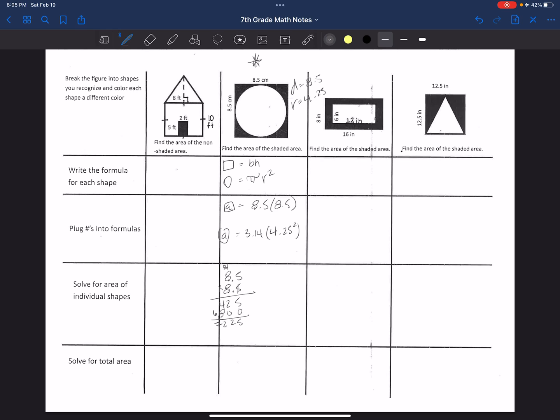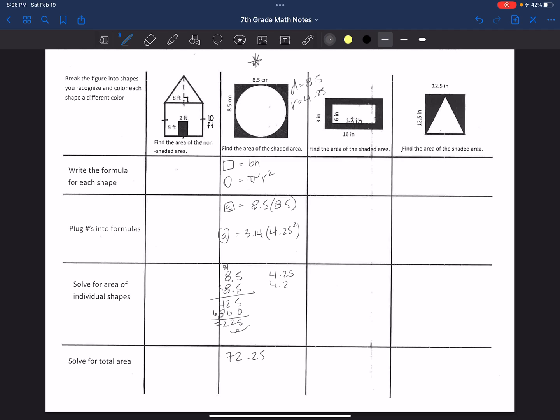So the area of my square is 72.25. Now let's find the area of my circle.